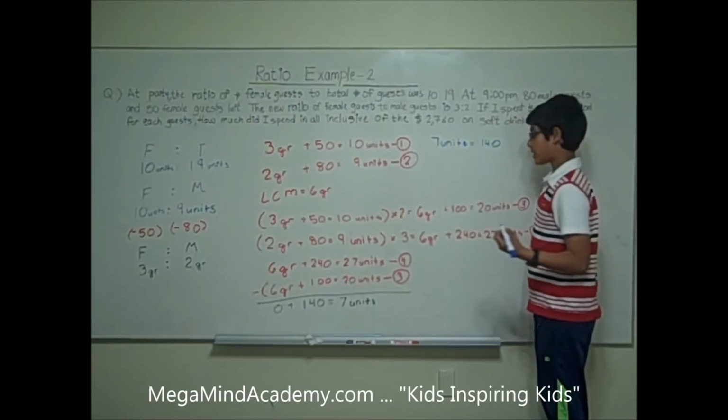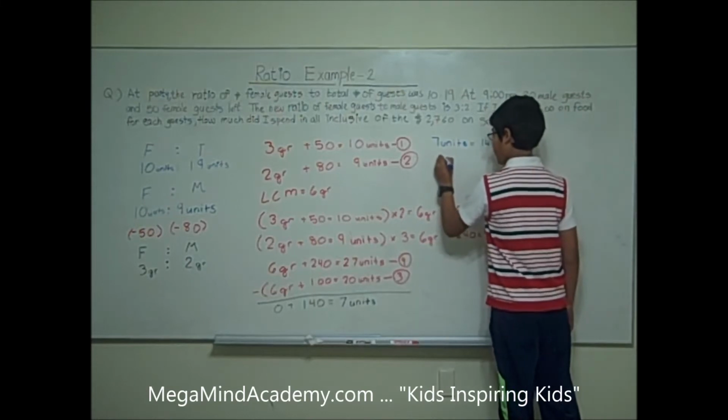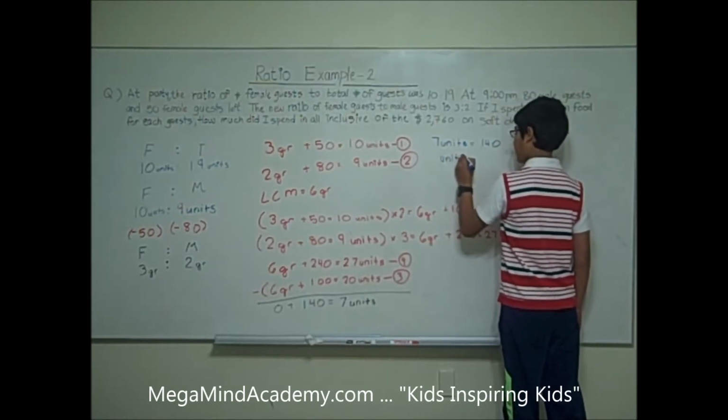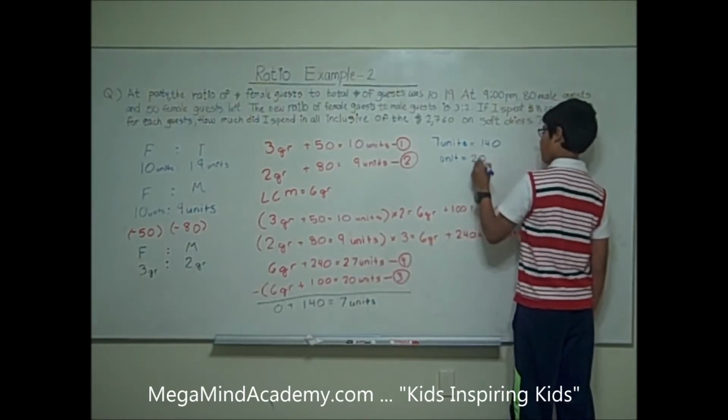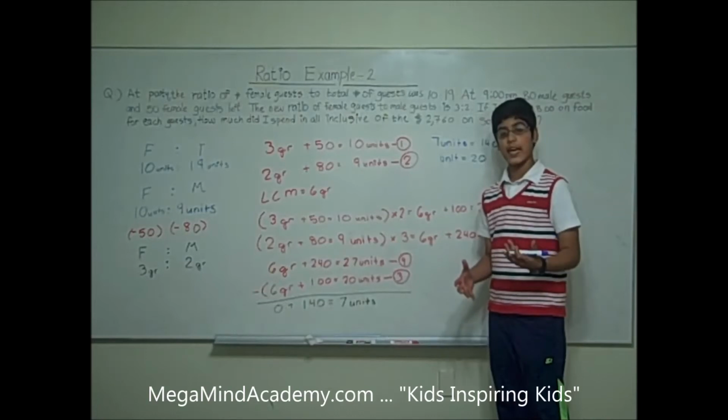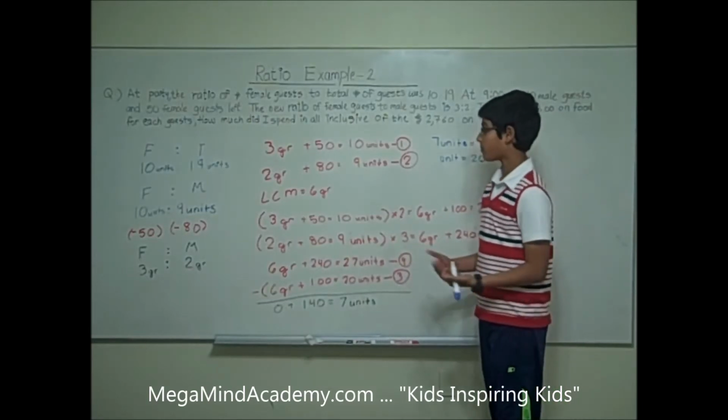So this means that 1 unit is equal to 20.